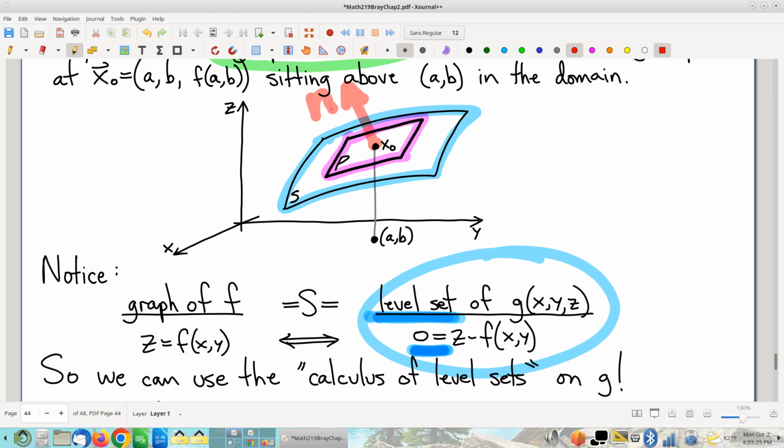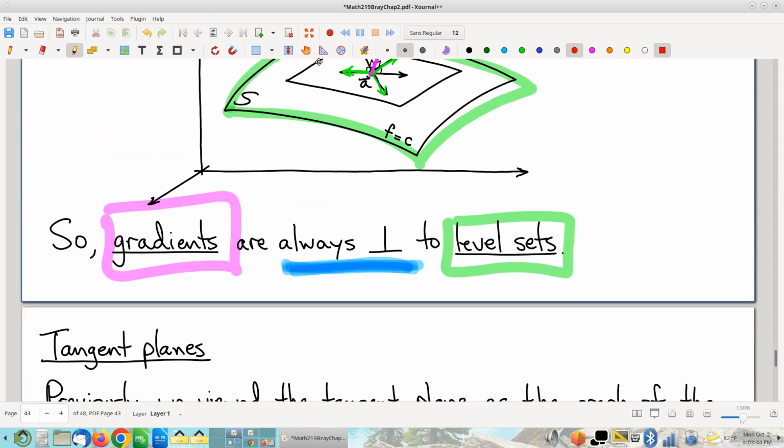This normal vector, think about it, the normal vector means that it's perpendicular to my tangent plane, which means that it's perpendicular to my surface, which means that it's perpendicular to my level set. Oh, wait a minute, we have a thing for that. You want to find a vector perpendicular to a level set? Sweet, gradient. Just take the gradient.